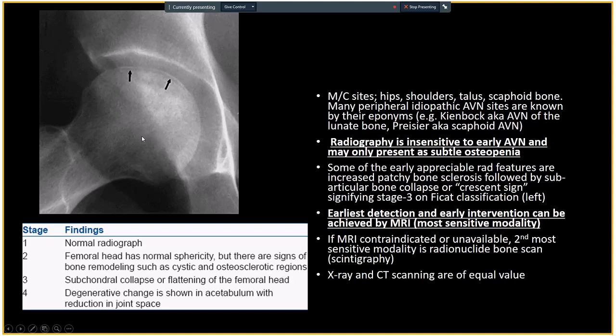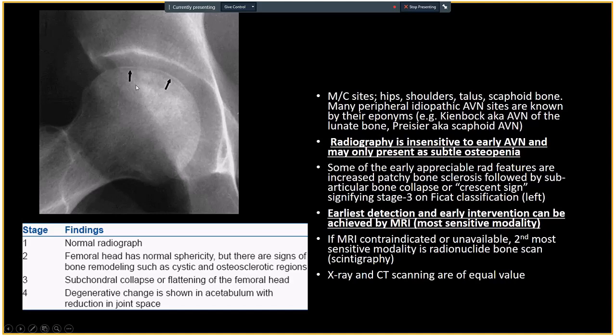So what you see with AVN, typically initially, you may see some patchy bone necrosis, even without significant collapse. That's one of the earlier potential signs. But what you see typically in stage 3 is formation of the crescent sign.